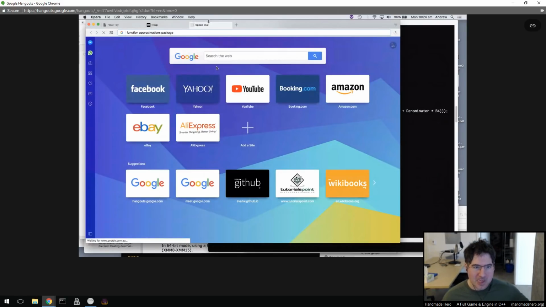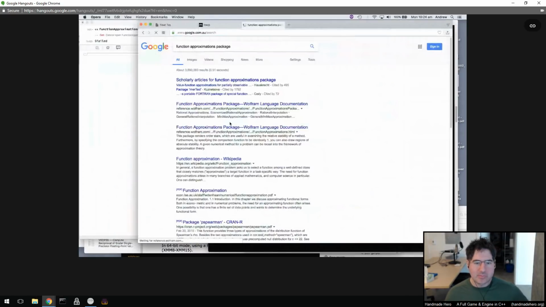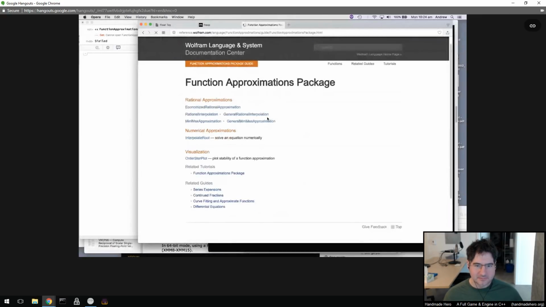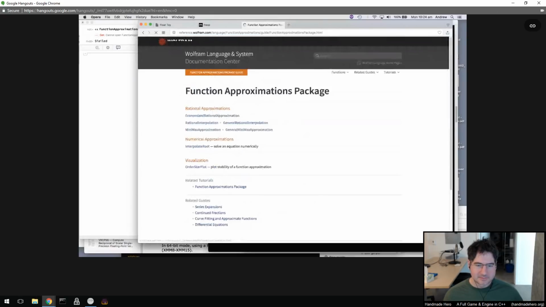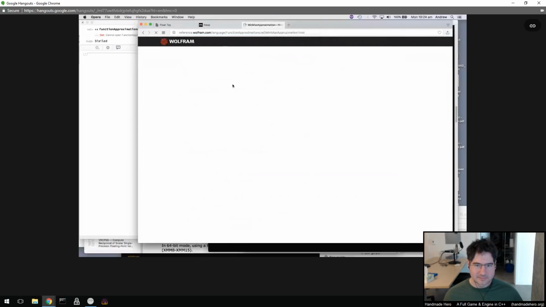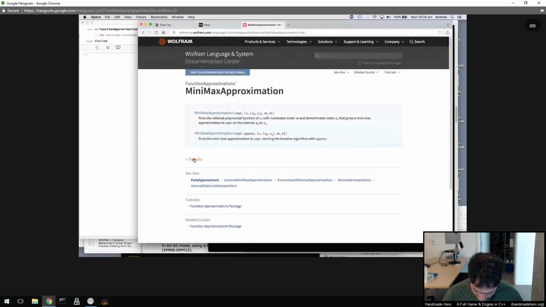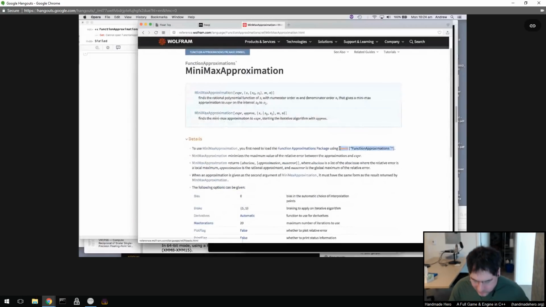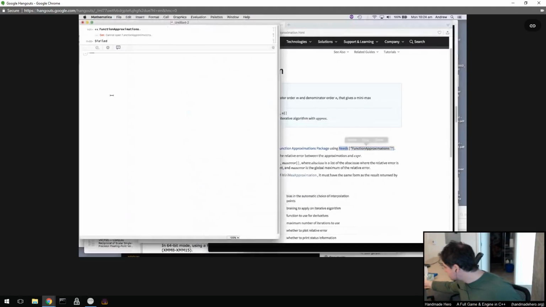All right, what do we got here? Here we go. This is why we have Google, so we don't have to remember things. All right. Minimax approximation. Yeah, details. Approximate. Okay, that'll do. This is the verbose way of saying it, but that's all right.